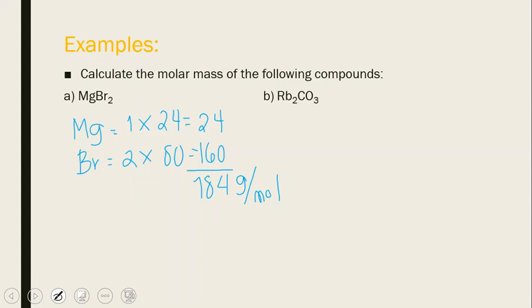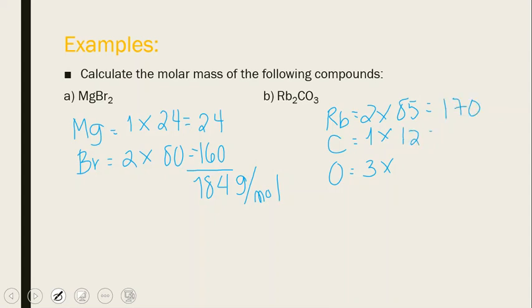Second example, separate the elements: rubidium, carbon and oxygen. I have 2 atoms of rubidium, 1 of carbon, 3 for oxygen, and multiply by its atomic mass. Rubidium 85.4, it means 85 times 2, 170.